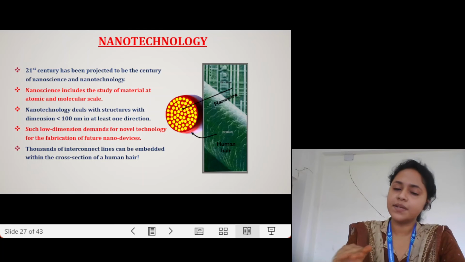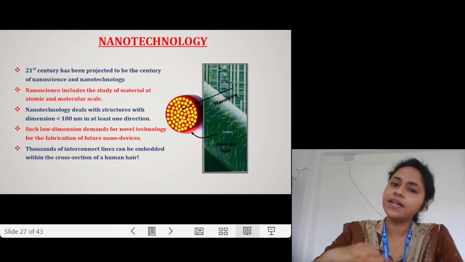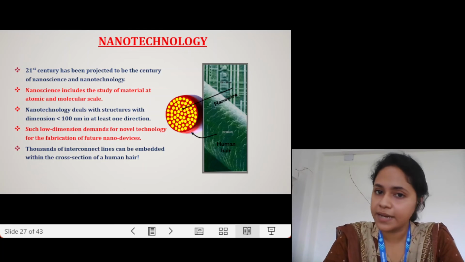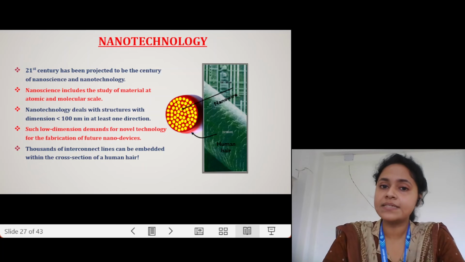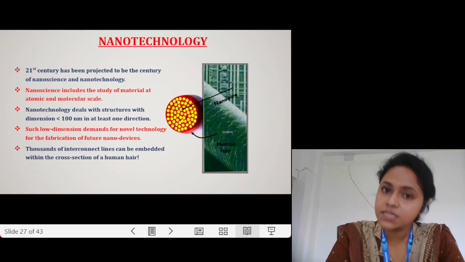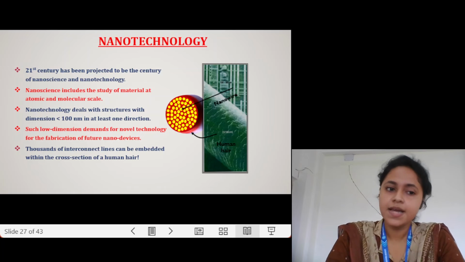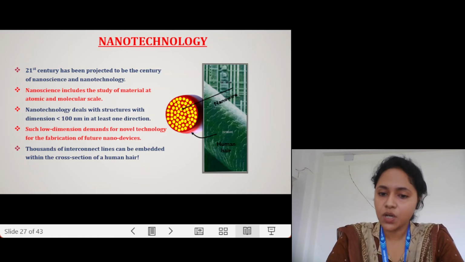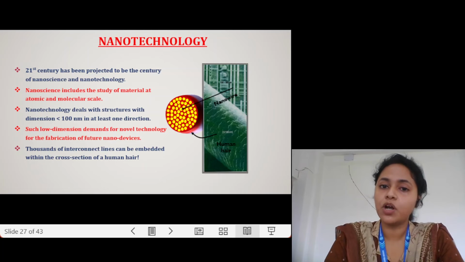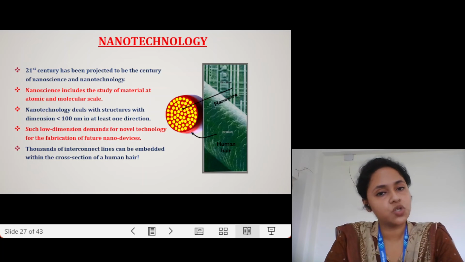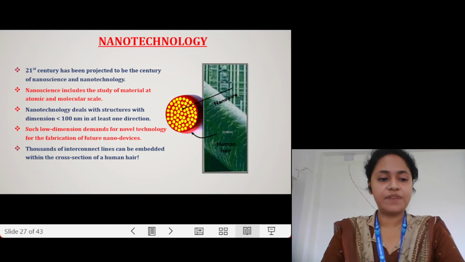If you consider dimensions above 100 nanometers, then it goes to the macro range, and that will not be a nanomaterial. You need to consider materials having lesser than 100 nanometers in at least one dimension, right? And nanoscience includes the study of materials at the atomic and molecular scale. Such low dimensions demand novel technologies for the fabrication of future nano devices.